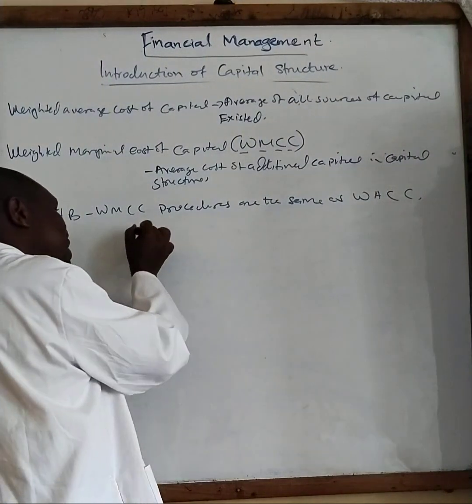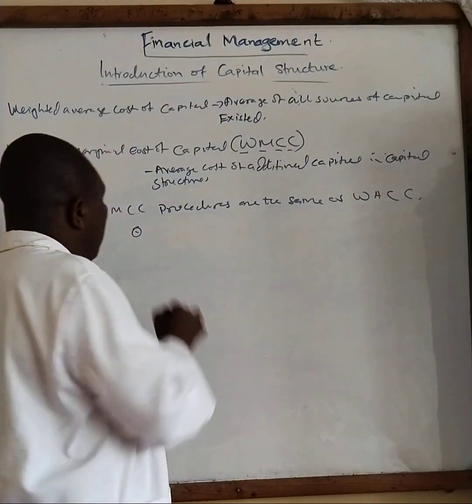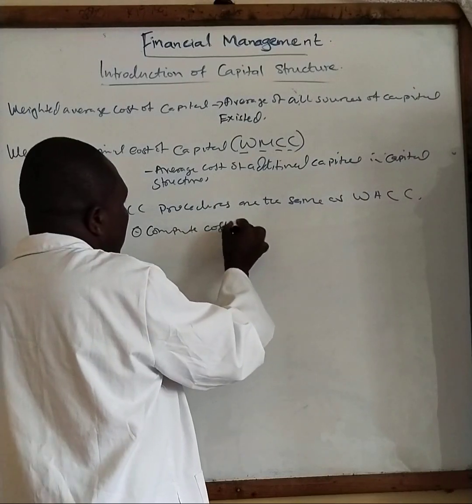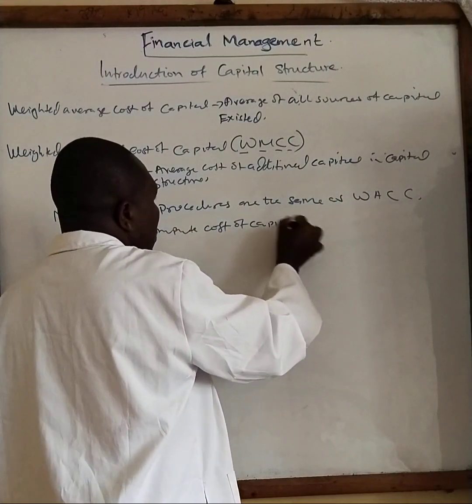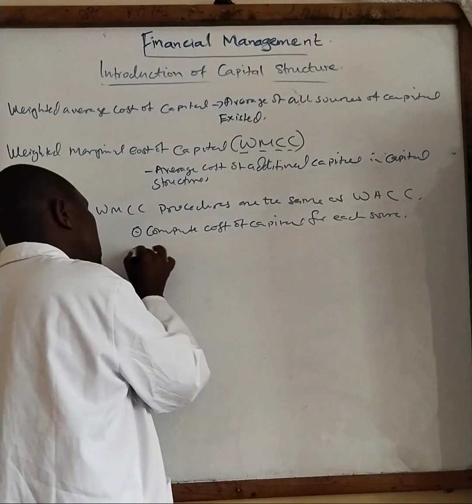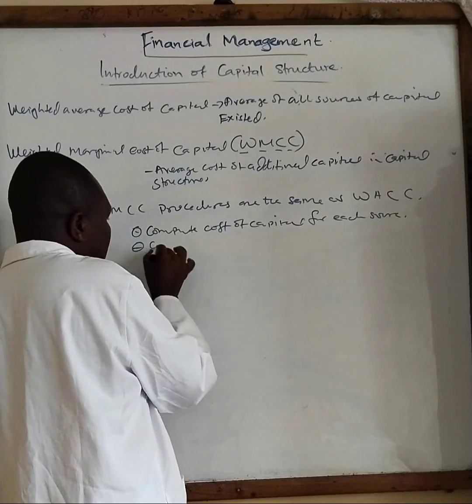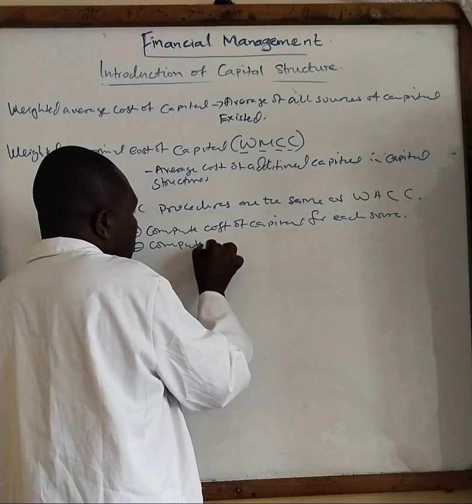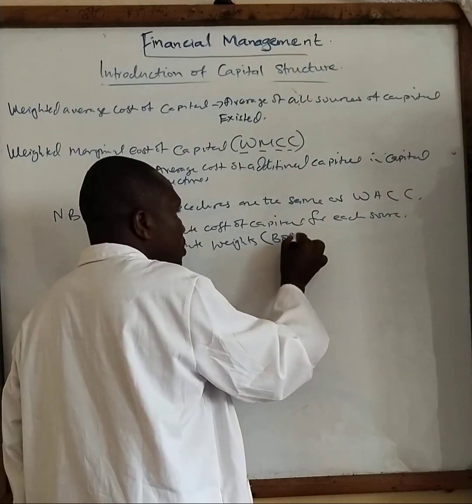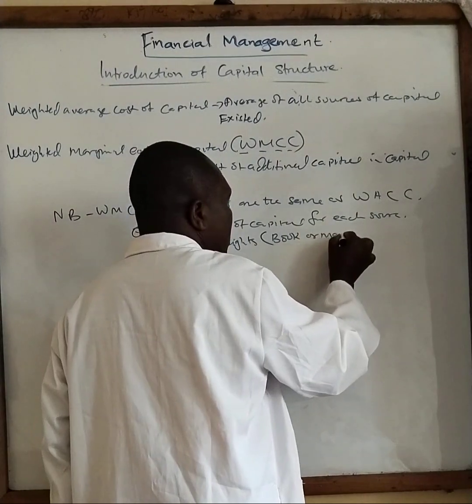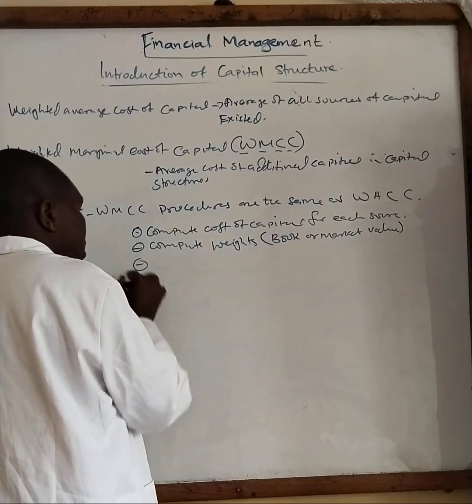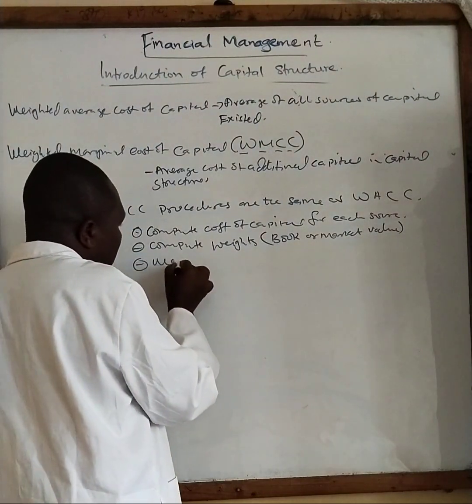Procedure 1, compute cost of capital for each source. 2, compute weights, either using the book value or market value. 3, compute the weighted cost.